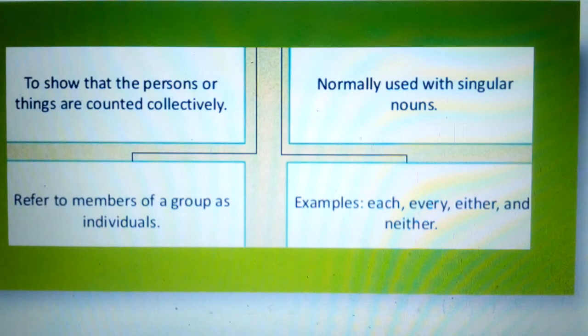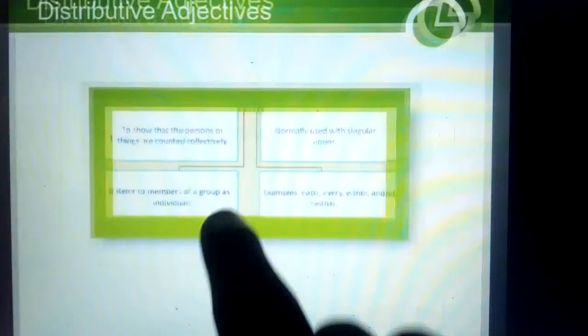And the examples are each, every, either, and neither. If I say each student, so in this example, student is a noun and each is an adjective, and this is distributive adjective.